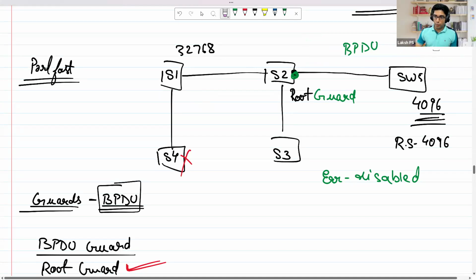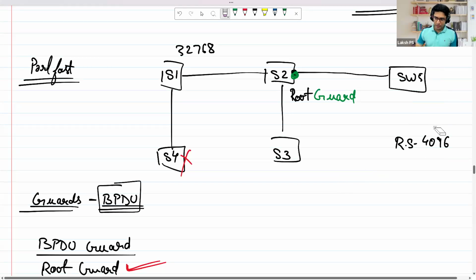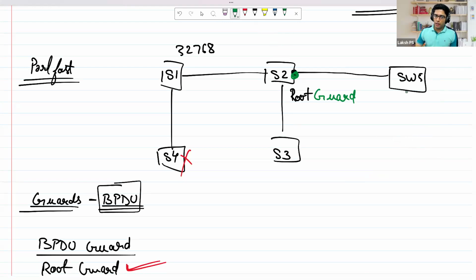Now, again, there is a problem. As I said, root guard only works when you have a lower priority or you have a lower MAC address. Let's say I connected switch 5 to switch number 2. It has a normal priority, that is the default priority, 32768, and the MAC address is 5555.